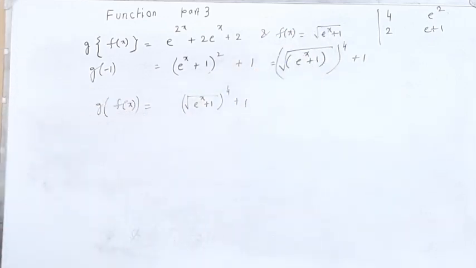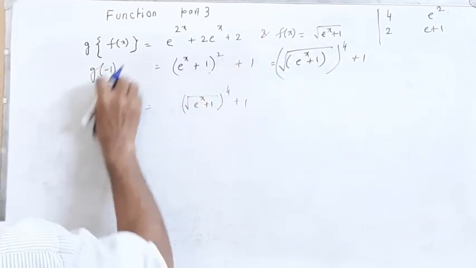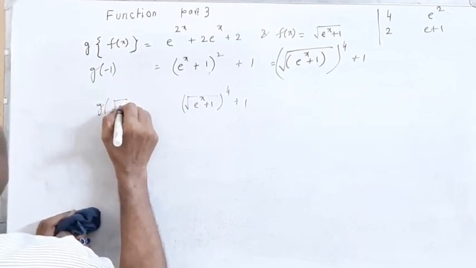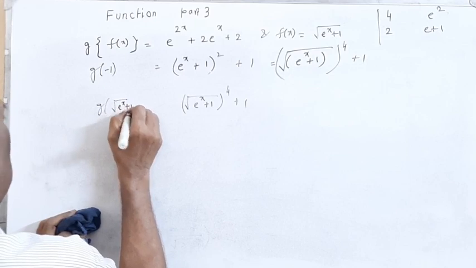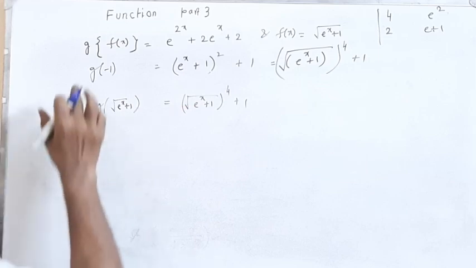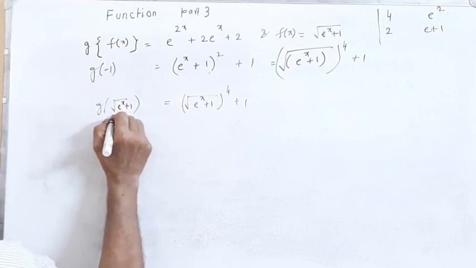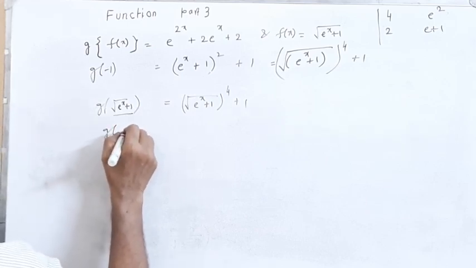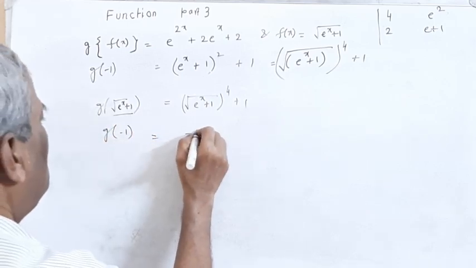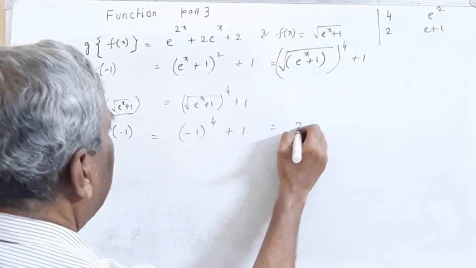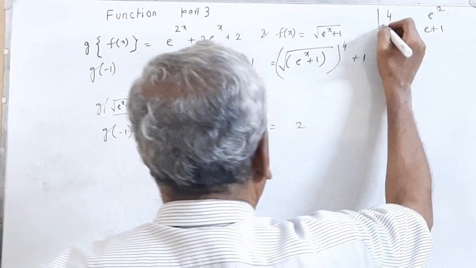So we can write it as g of root of e to the power x plus 1 is equal to this. We have to find g of minus 1. So for this, we have to write minus 1. So g of minus 1 is equal to minus 1 to the power 4 plus 1. So that it is 2. So that option is correct.